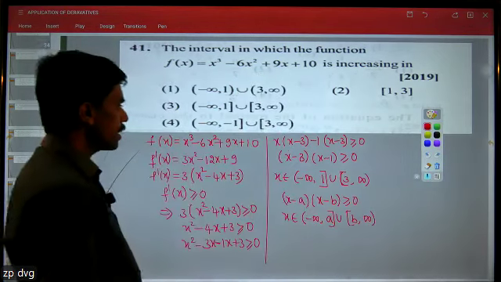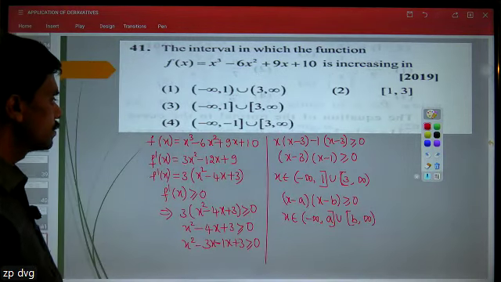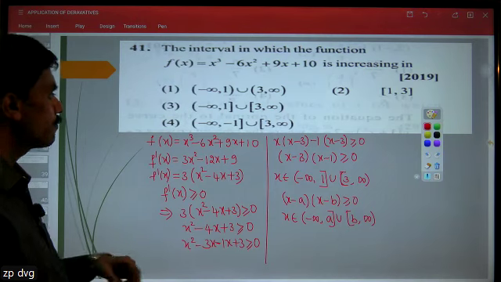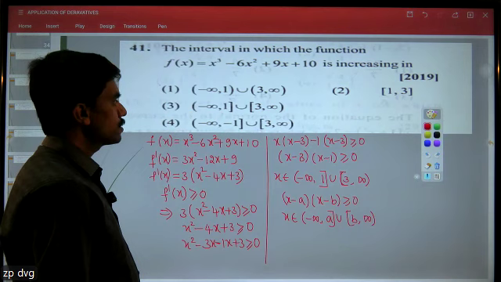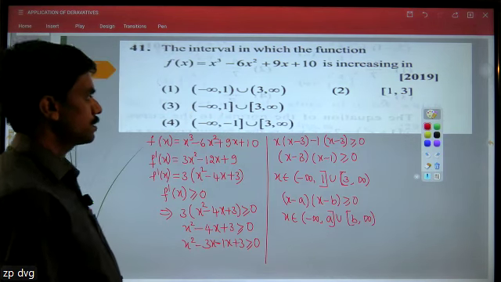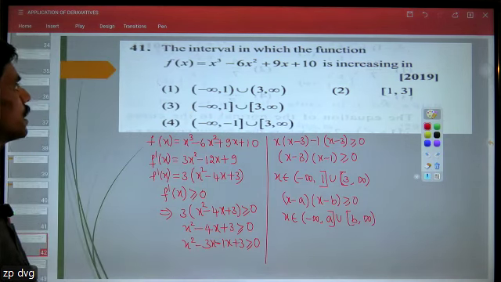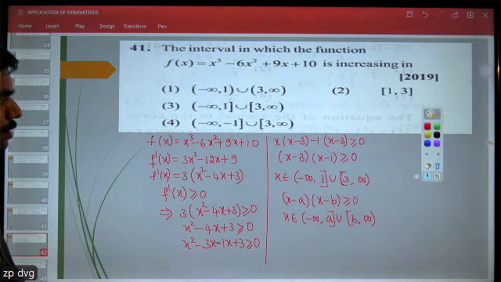So the correct answer is option 3: open interval minus infinity comma closed interval 1 union closed interval 3 comma infinity. That's why option 3 is the right answer for question number 41.